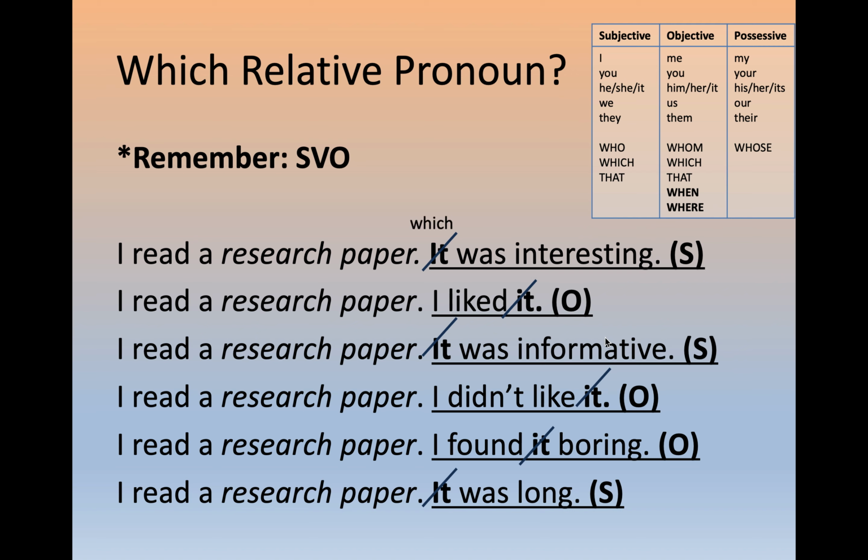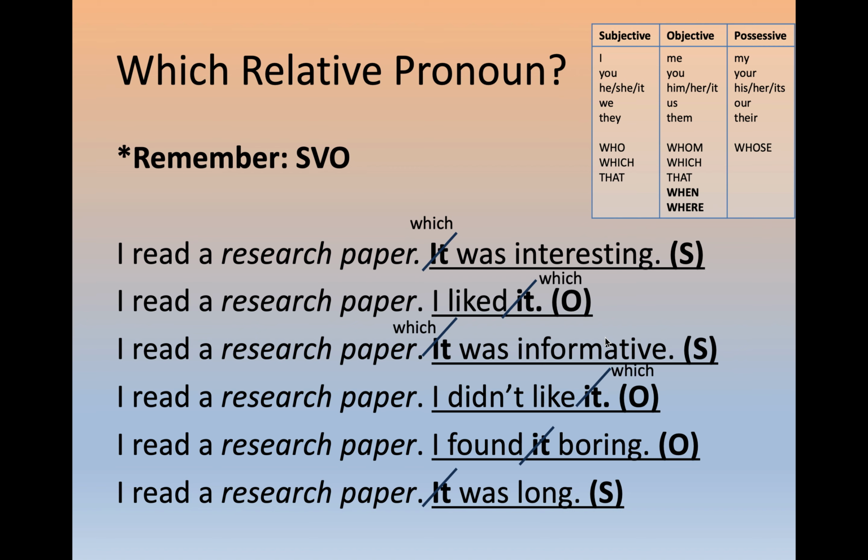I liked it. It is a thing and it's an object. I will use which or that. It was informative. It is a subject and it's a thing. I will use which. I didn't like it. It is the object and it's a thing. I will use which.